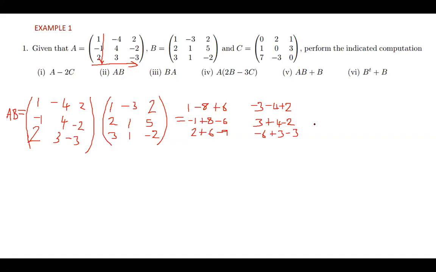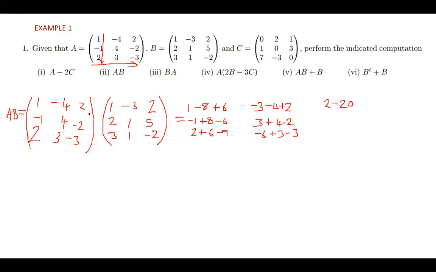So I'll now move on to the last column, meaning even here, I'm moving to the last column. So I'll be multiplying all the rows of this matrix with the last column there. So I start. 1 times 2, I'm getting 2. And then -4 times 5, I'm getting -20.